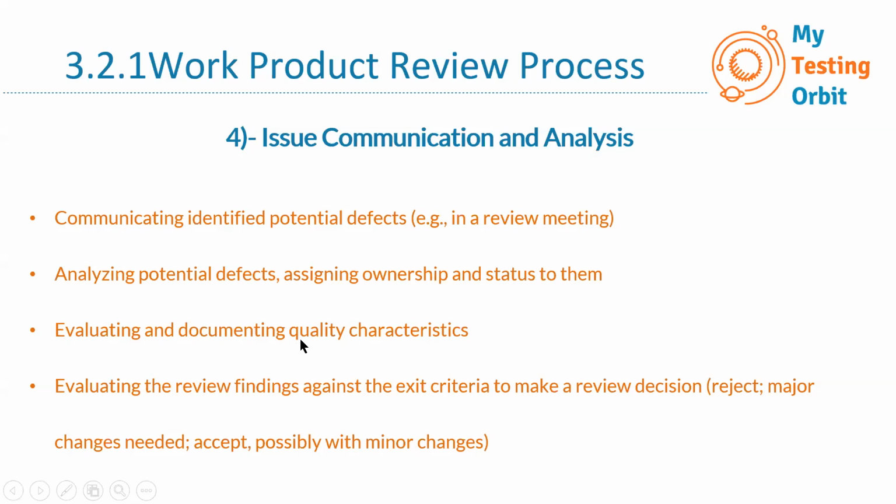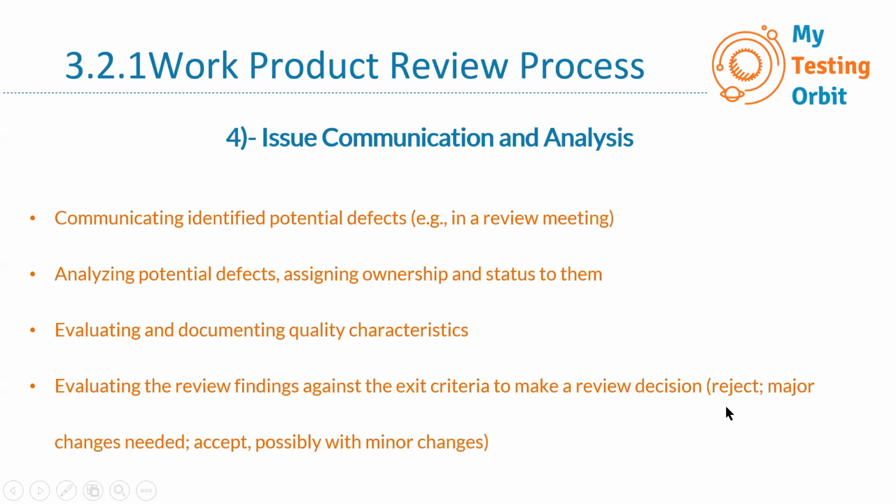Evaluating and documenting quality characteristics. Whatever quality characteristics we are supposed to evaluate as part of the review of that work product needs to be documented and evaluated, to see whether it's serving the purpose or not. The last one is evaluating the review findings against the exit criteria to make a review decision.